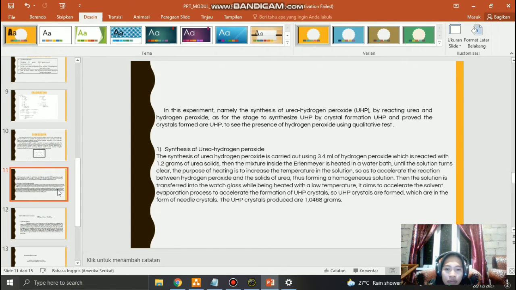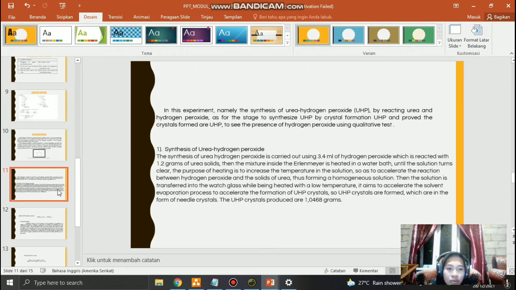The purpose of heating is to increase the temperature of the solution so as to accelerate the reaction between hydrogen peroxide and the urea solid, thus forming a homogeneous solution. Then the solution is transferred into the watch glass while being heated at a low temperature.